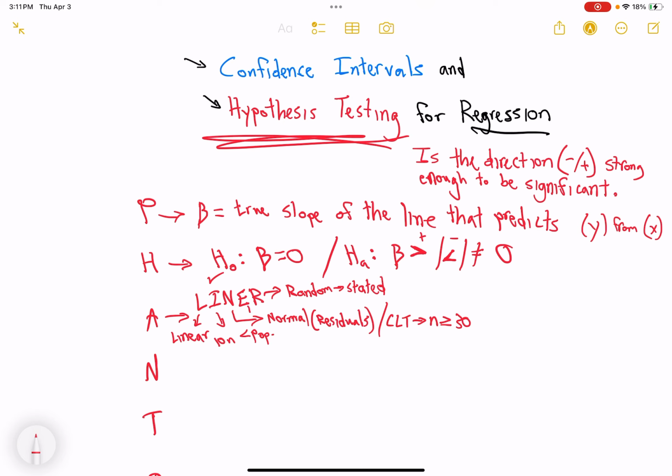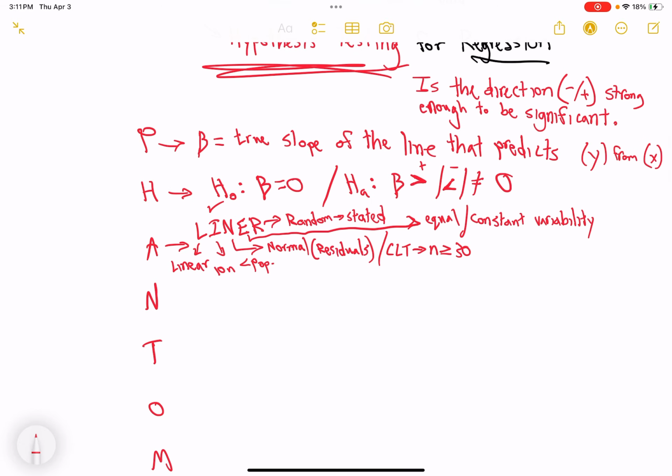And the final one, E, is going to be this idea of equal variability or constant variability. Now, what does that mean? Well, equal or constant variability is clarified in a slide or two, but let me show you an example of what unequal or non-constant variability would look like.